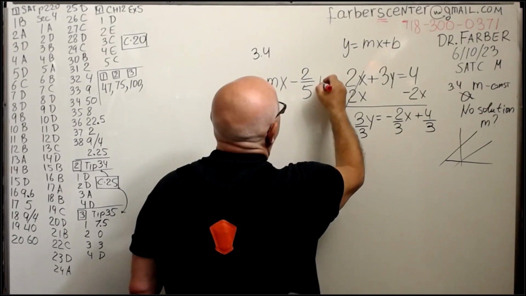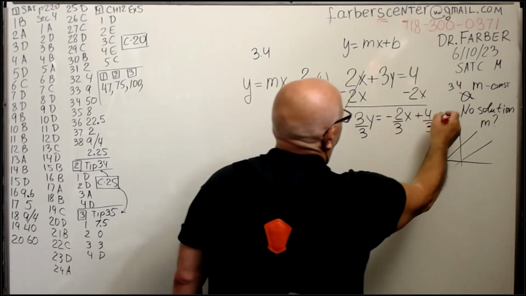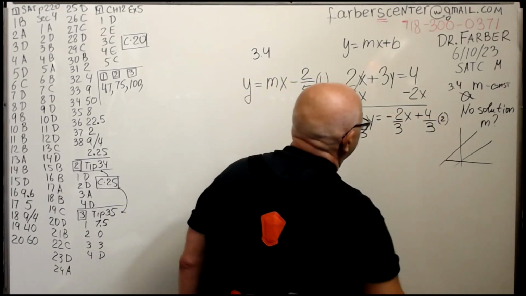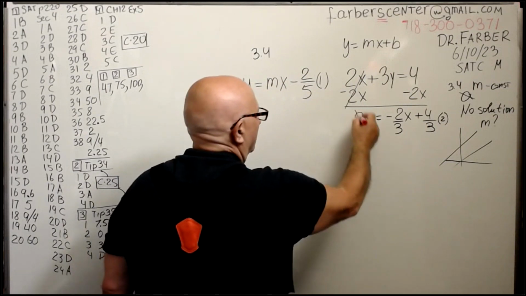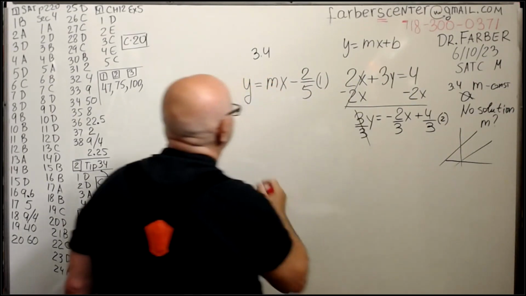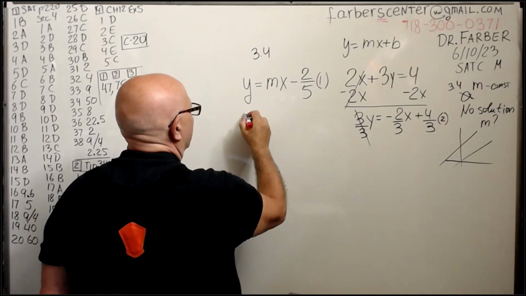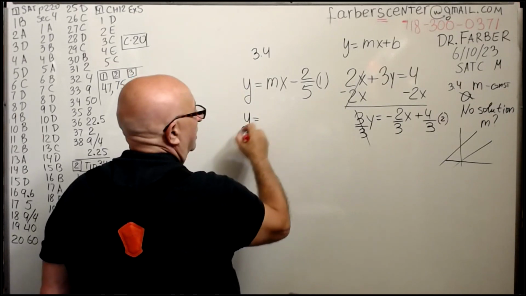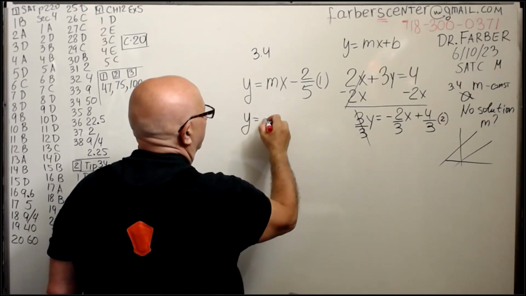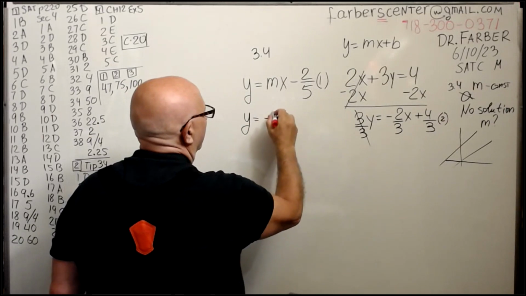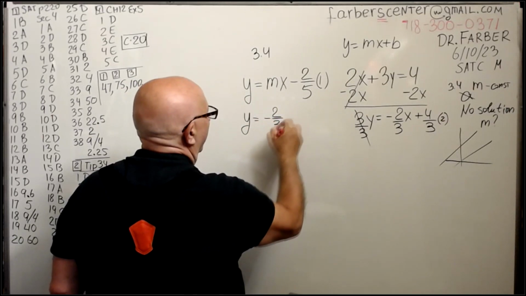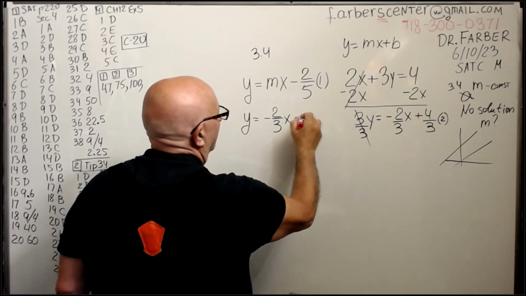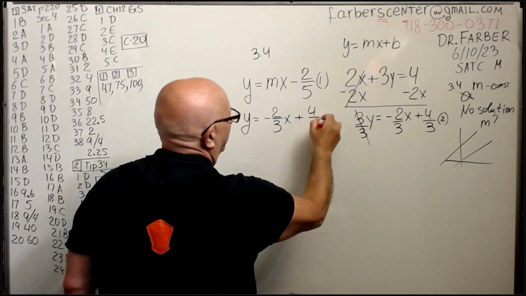This is equation 1, and this is equation 2. Let me line up this equation. So y equals negative 2 over 3 x plus 4 over 3.